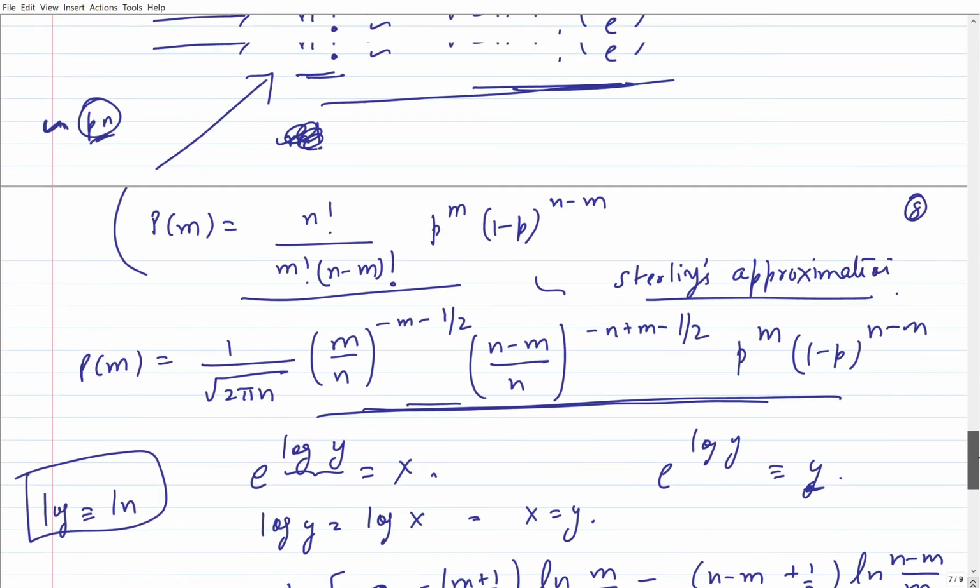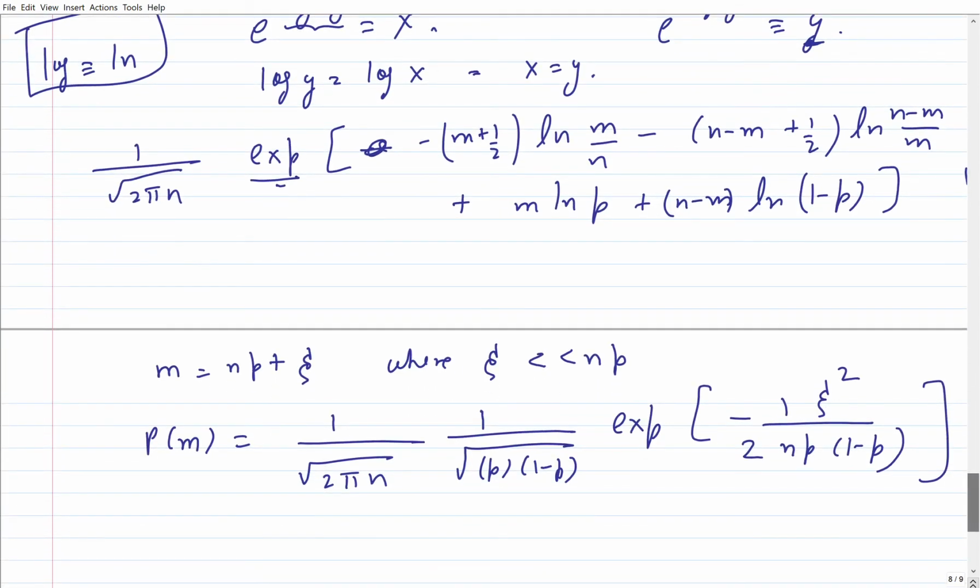So this is terrific. My binomial distribution, in the limit of a very large number of trials, and when I had np to be quite large, I got it to resemble a Gaussian.